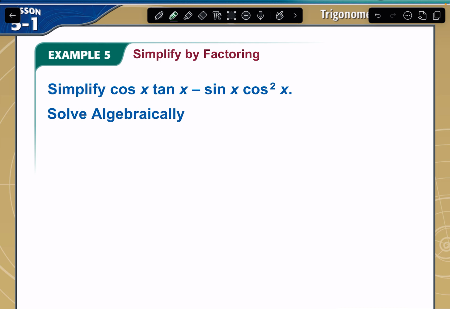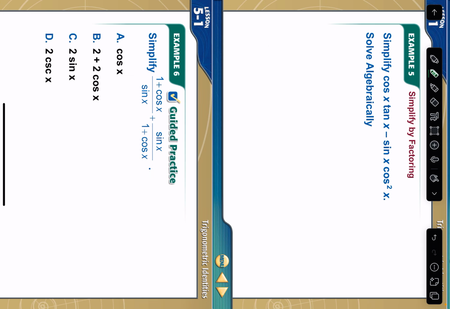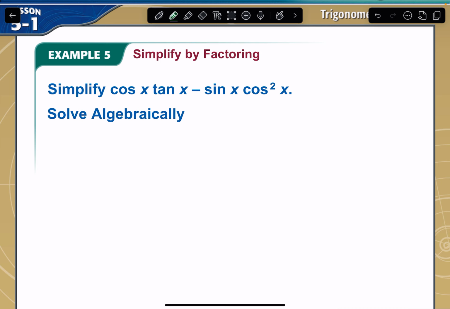So for example 5, it is just asking you to simplify, meaning I need to condense this as much as I possibly can. For these questions, I know it does not specifically ask you to do this, whereas example 4 did. A good rule of thumb with simplifying is always changing stuff to sine and cosine.